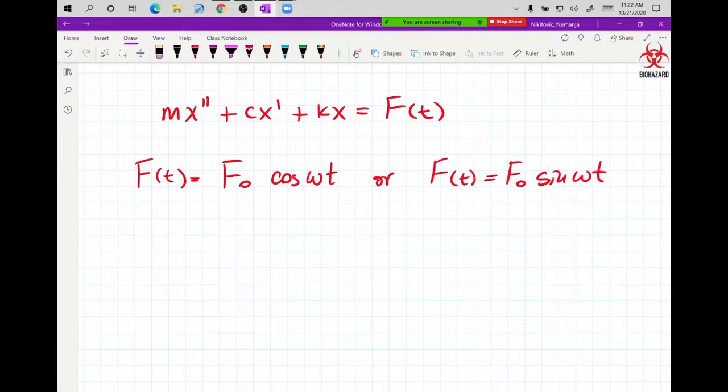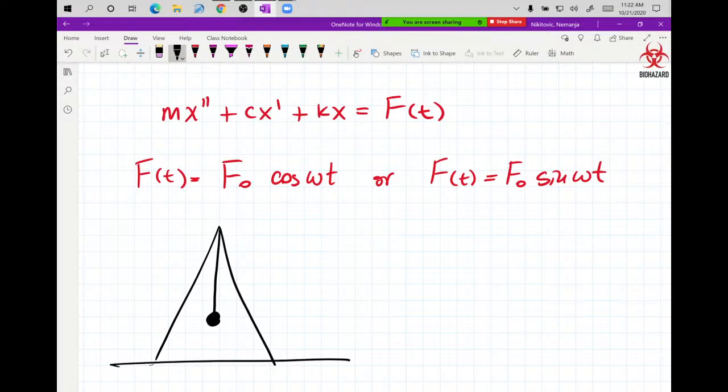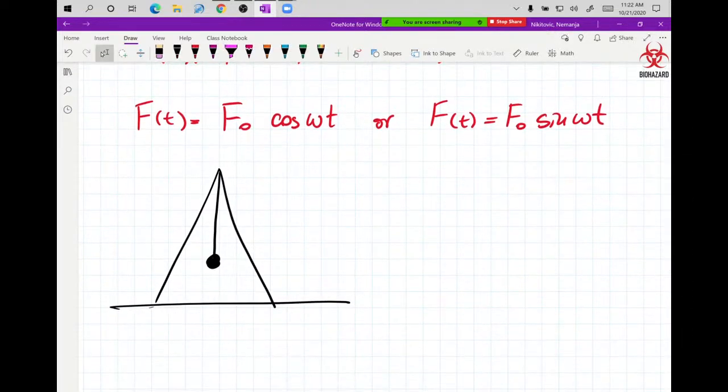I need this much larger so I can draw all of the details. We have a coordinate system, and this is the 0, which is the equilibrium.